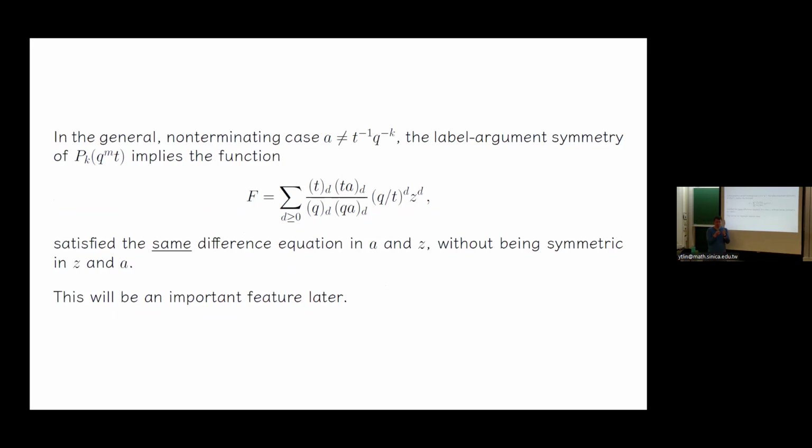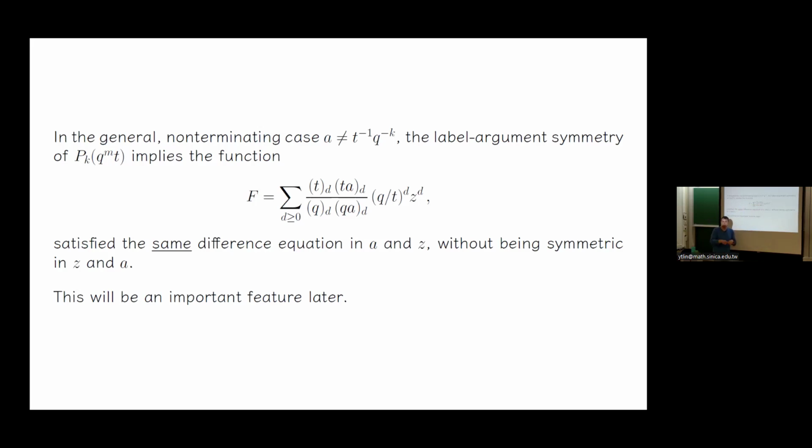But it's easy to see, and can be argued in many different ways, that any expression like this solves some q-difference equation in every variable that you can see here. For any variable that appears here, there will be some q-difference equation, with rational coefficients.